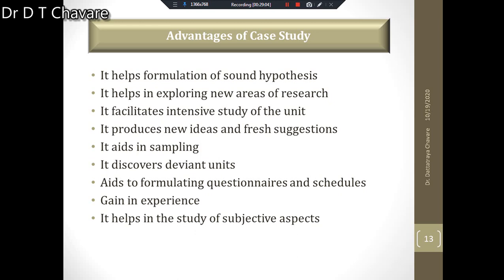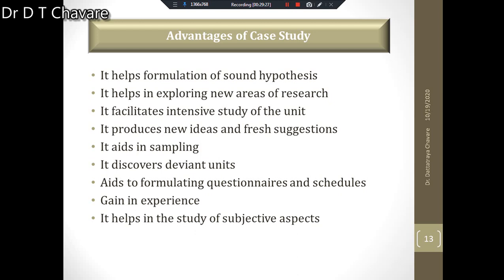Then the next advantage we can understand, gain in experience. Since in case study, a researcher undertakes an intensive and extensive study of the social unit, for a long period, he gains new insights of human social behavior.